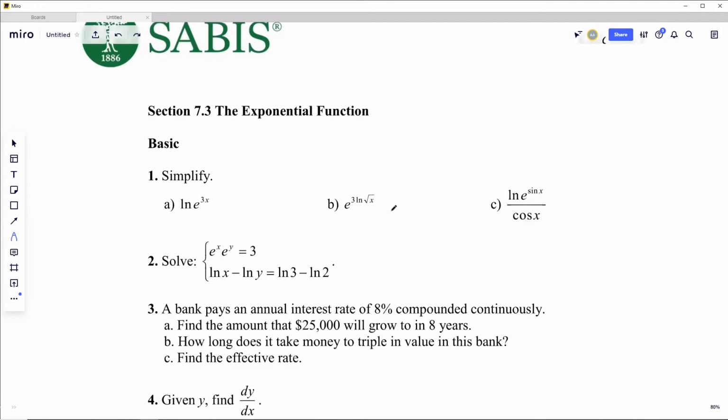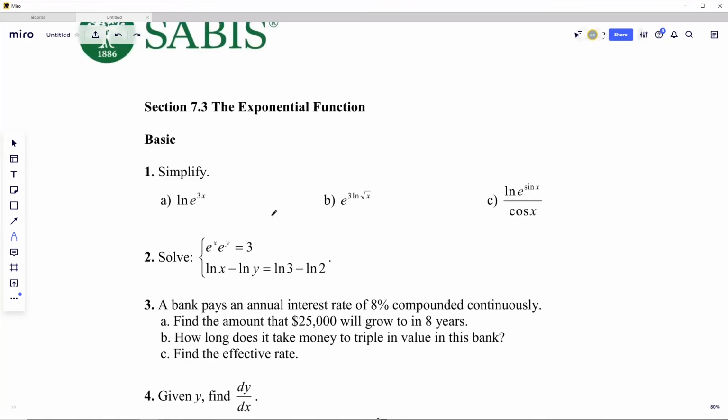So again, these are easy questions. Always the beginning has easy questions. So ln with e, instantly without thinking, is nothing but the 3x, because ln is log base e and it's going to eat the e away, so you're left with the 3x. Here you want the ln instantly, so you put this here. This is nothing but e to the ln square root of x to the power of 3. Now these two will be eaten.